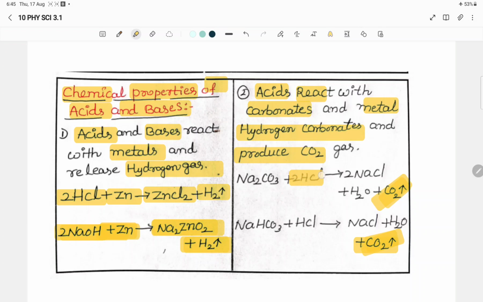See here, 2HCl reacts with sodium carbonate Na2CO3, and gives NaCl, common salt sodium chloride, water H2O, and CO2 gas.